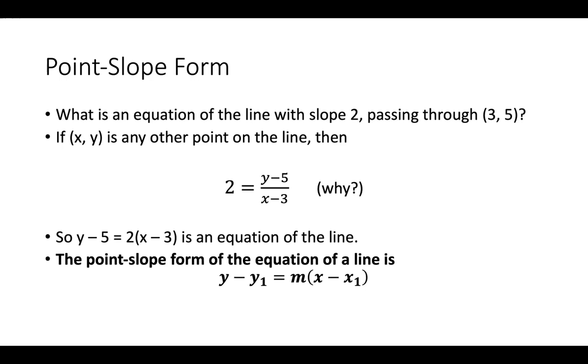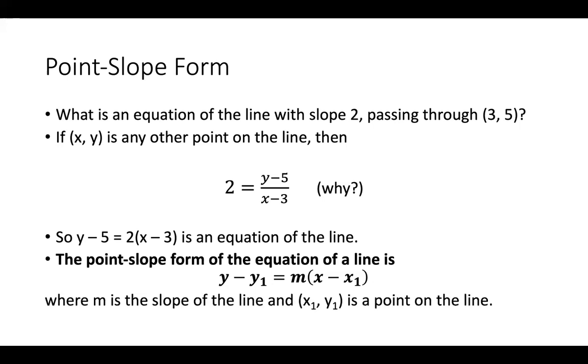And let me be clear, in any given problem, x and y will be variables and they will stay in the equation. M and x1 and y1 will be specific numbers. So I have two different kinds of problems to show you involving point slope form. Oh, and of course, where m is the slope of the line and x1, y1 is a point on the line.